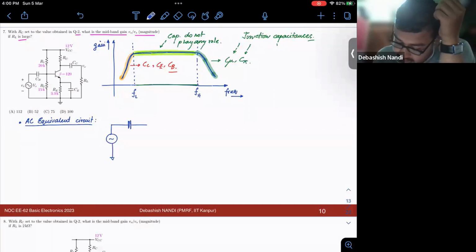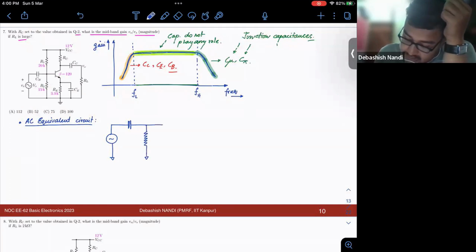You have a capacitance, then you have a resistance. This is the effective resistance R1 parallel R2.